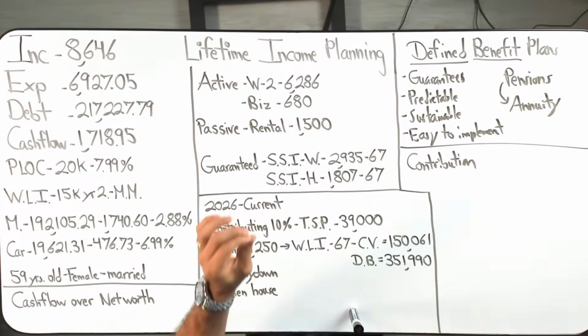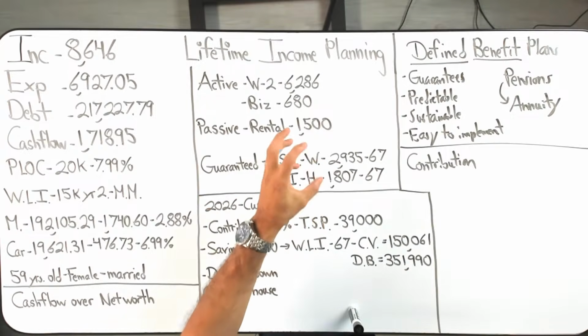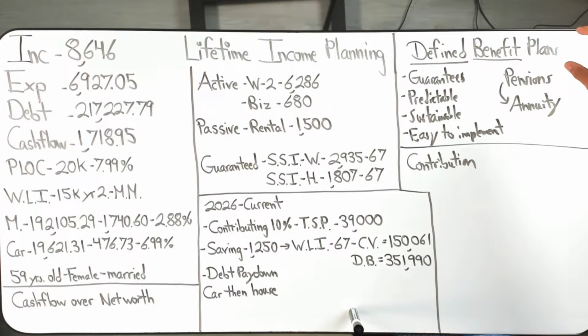In terms of guaranteed, the word guaranteed income only exists within welfare programs and or defined benefit plans that contain the word pension, and a pension is basically an annuity.